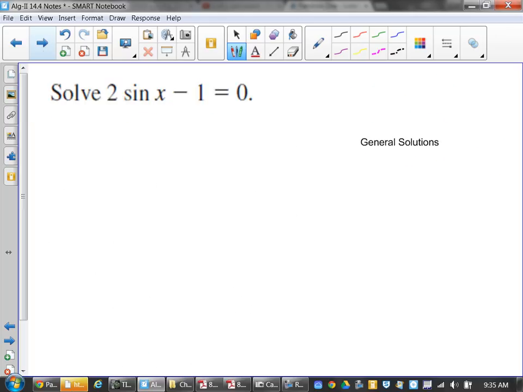What I want to do today is talk about solutions. All solutions within, let's say, one revolution. I want to find all possible solutions to this equation that are within one revolution.